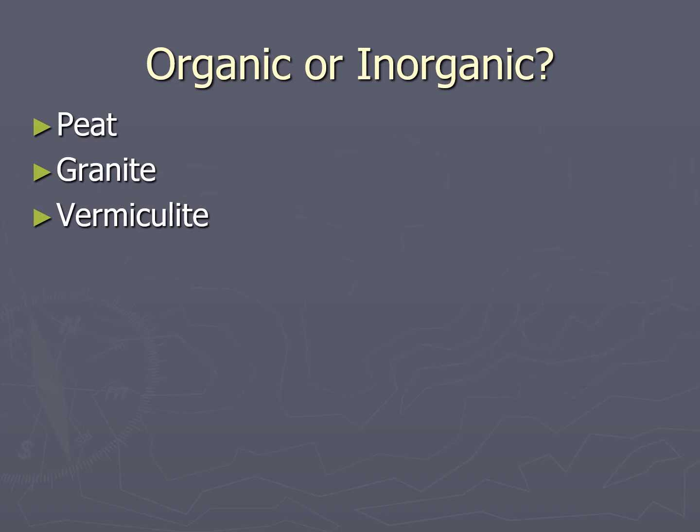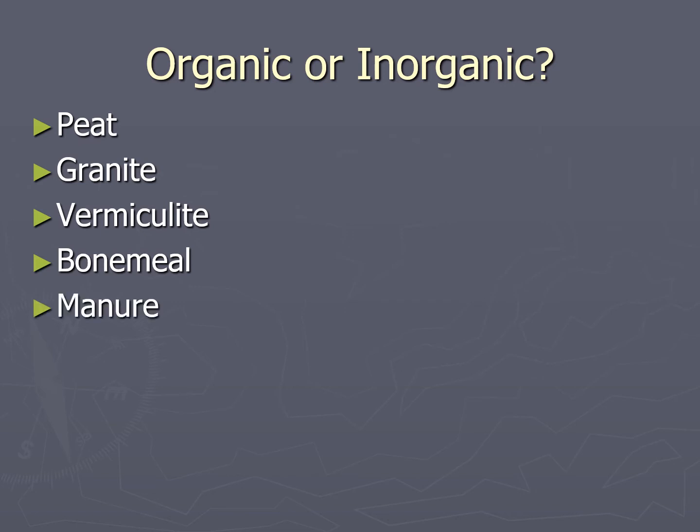So vermiculite would be inorganic. Bone meal. Bone meal is something that you can buy at a garden center, and bone meal is a byproduct of animal slaughterhouse operations, so bone meal would be organic.